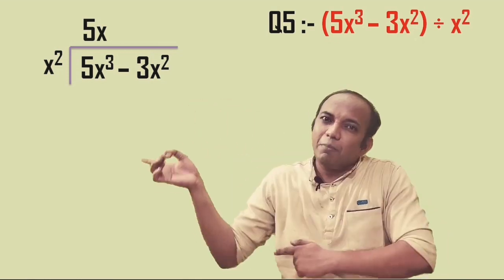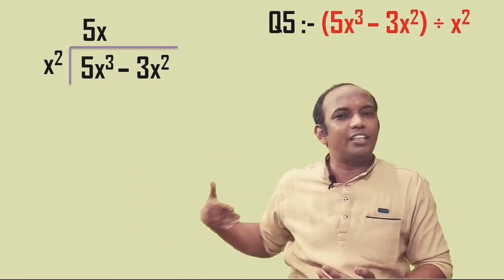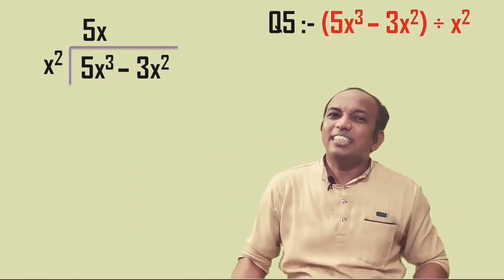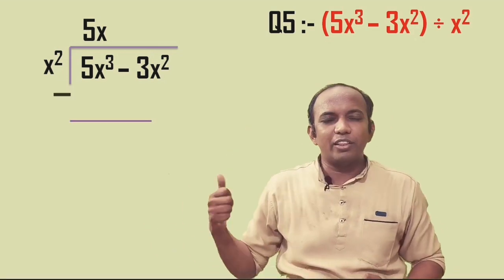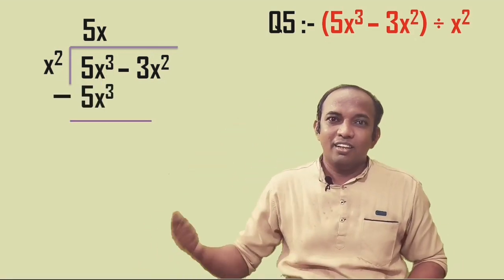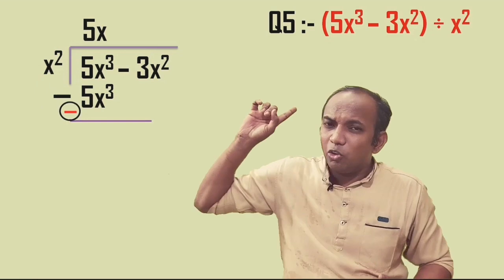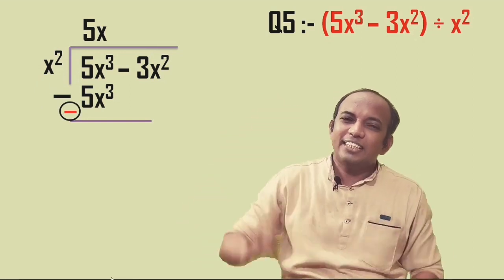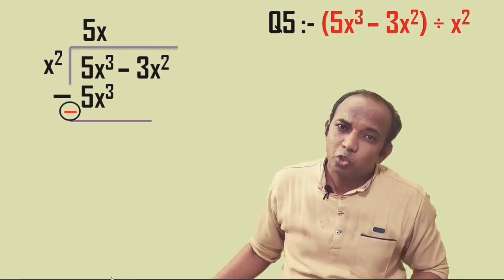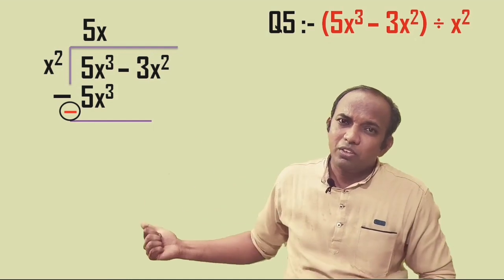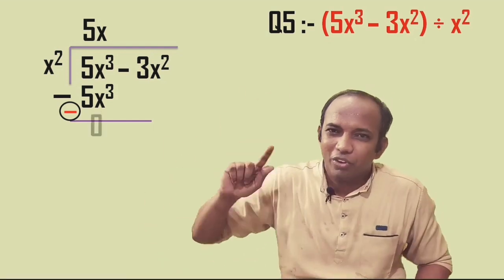That 5x will be multiplied by x square, the way we did in the previous 4 sums, right? As a result we get 5x cube, and the moment you subtract, do not forget to change the sign the way you are looking on the screen, right? As a result, positive 5x cube, negative 5x cube will give you the result 0, right?